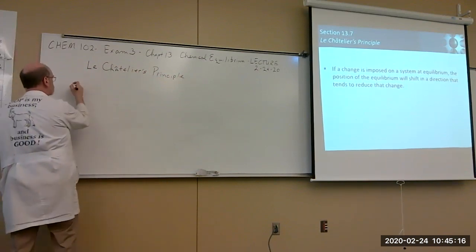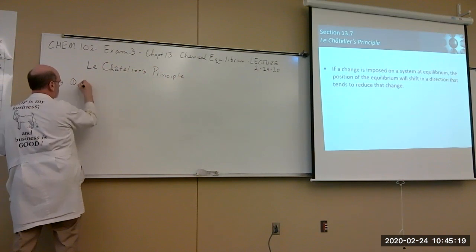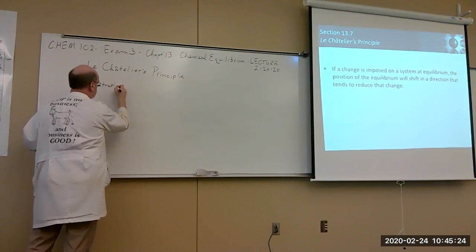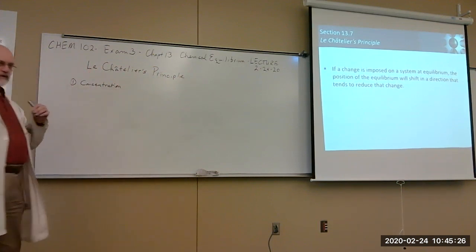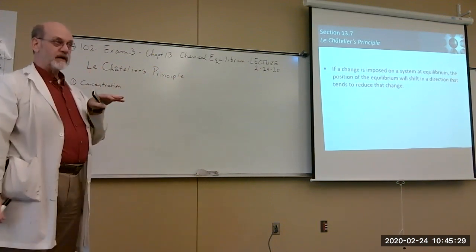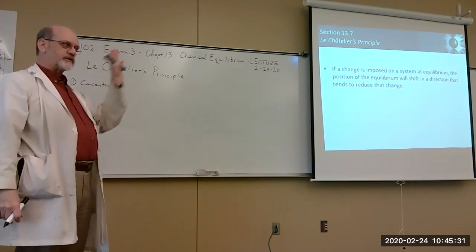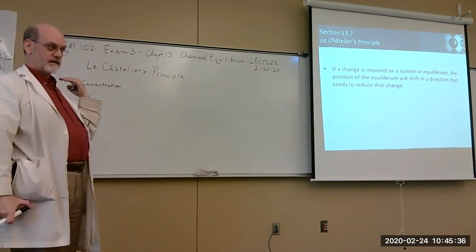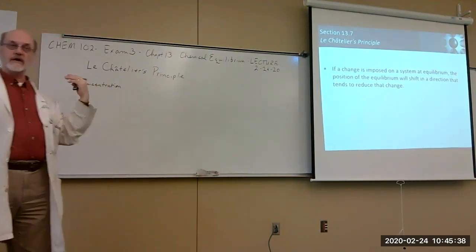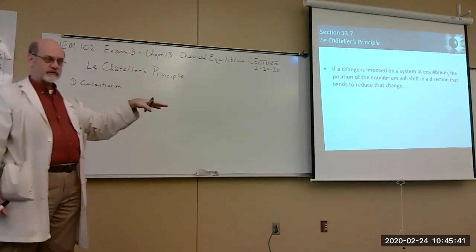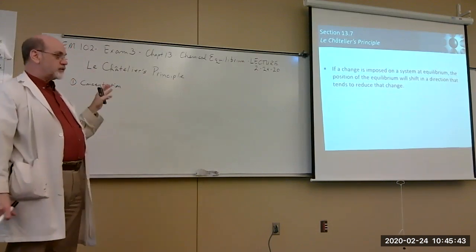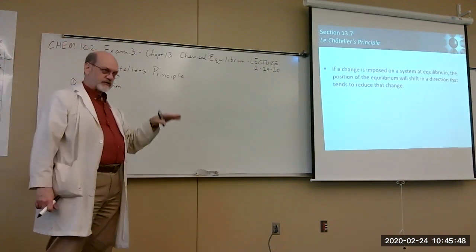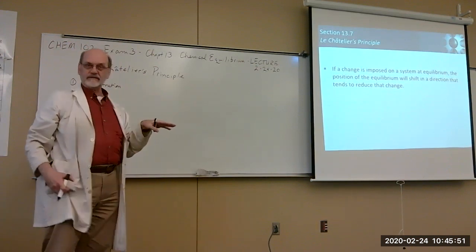So in terms of concentration, if you increase the concentration of products, the system at equilibrium shifts back toward reactants. Or if you increase the concentration of a reactant, it shifts toward products. What if you remove some of the product? You decrease its concentration, so it shifts to the right.